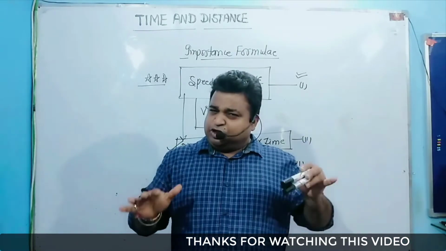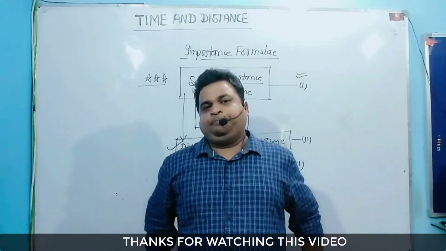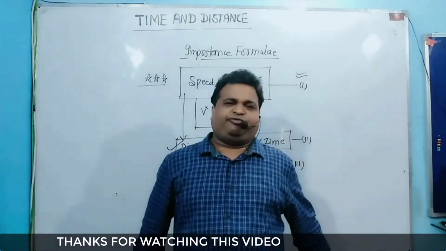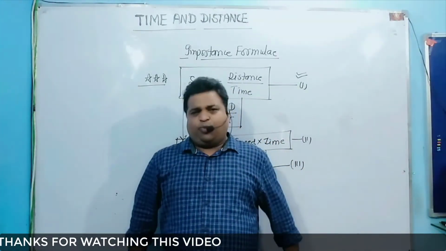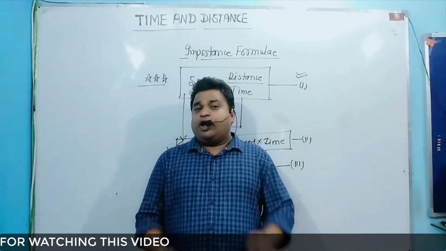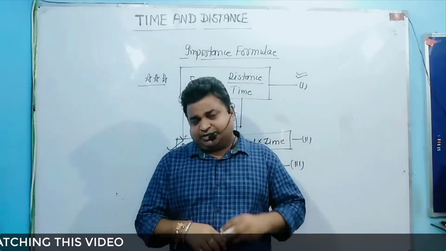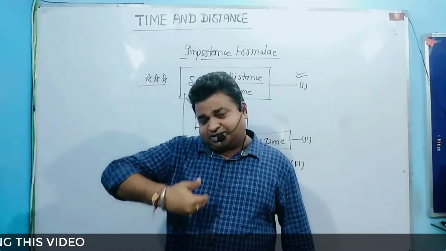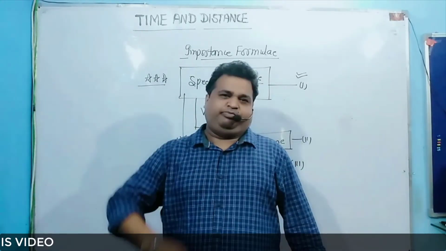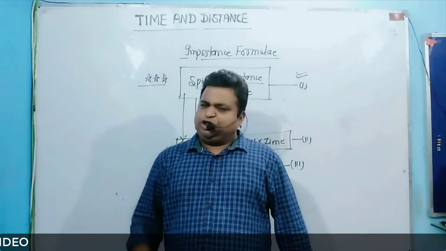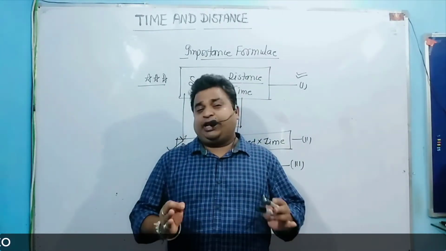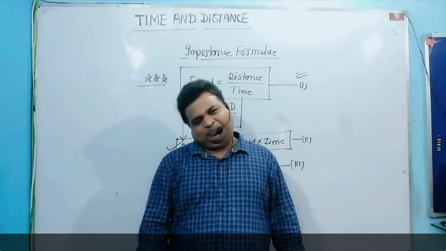So unit balance is very important. Most students make mistakes in unit measurement many times while solving this type of question. Unit plays a very important role in time and distance.